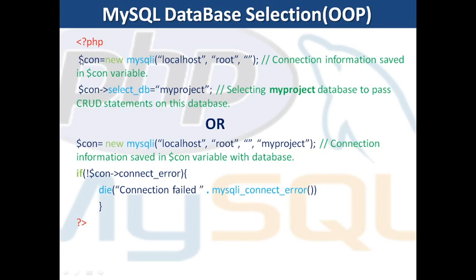So the first way is to create an object of the MySQLi class without passing any database, and then later add the database information using the select_db property. Another method is, while creating an instance of the MySQLi class, we can add the database information as well. So let us check it on the text editor.